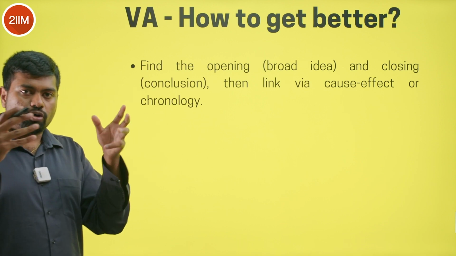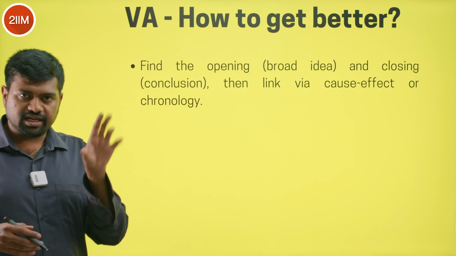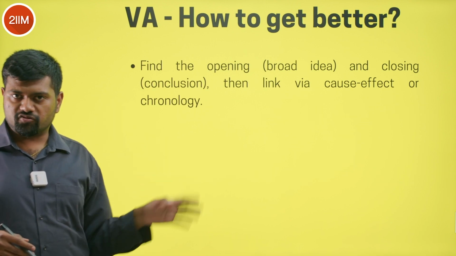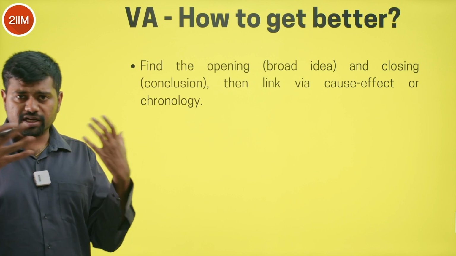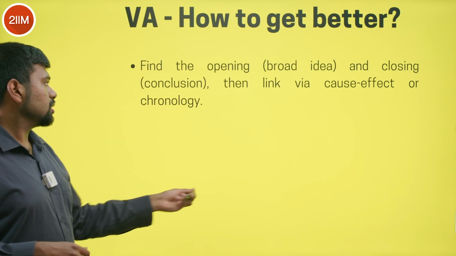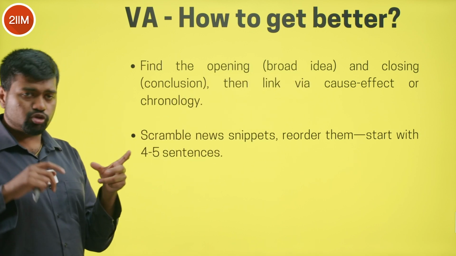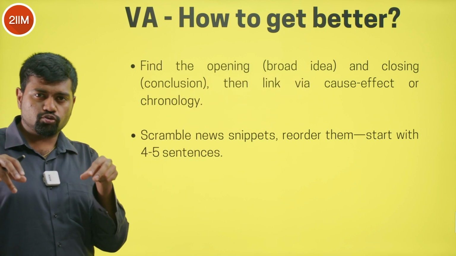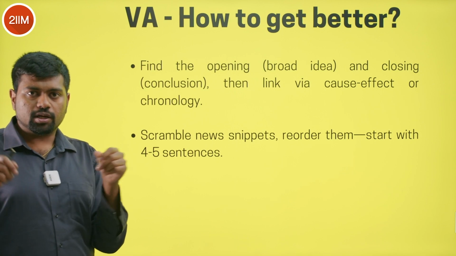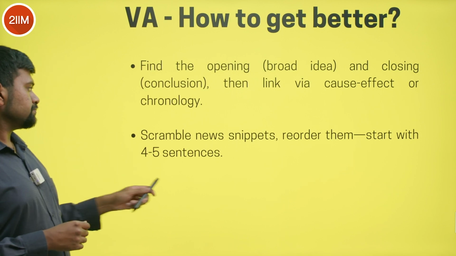So if you're able to notice all these different flows and themes across the 4 lines, you can get good at para jumble. So like I said, cause and effect or chronology, those are the 2 tools you might be using to assemble your answer.